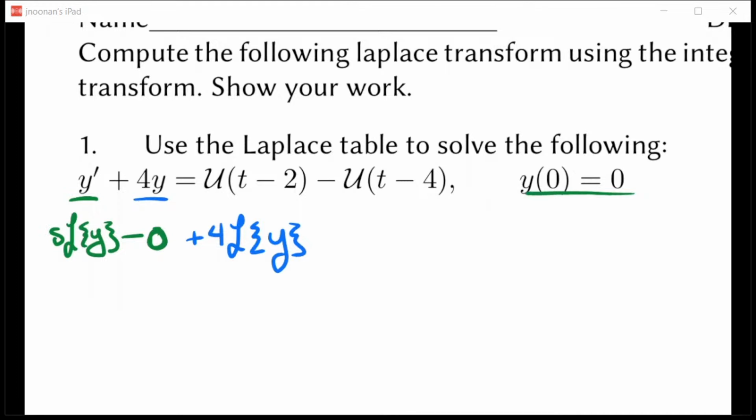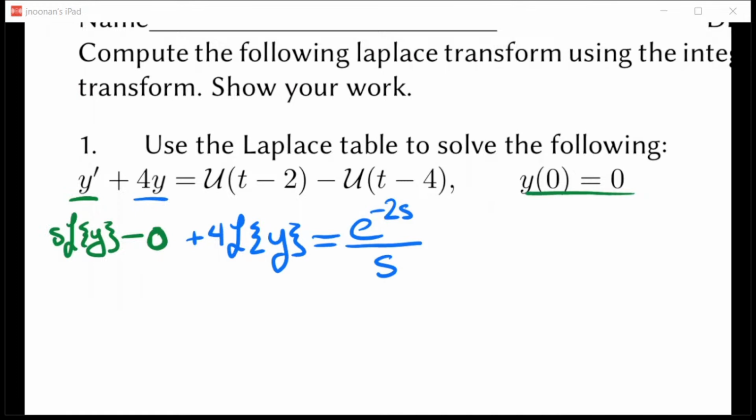Okay, next we've got u of t minus 2. Megan, what do you think? The answer is e to the negative 2s over s. Very good, excellent.